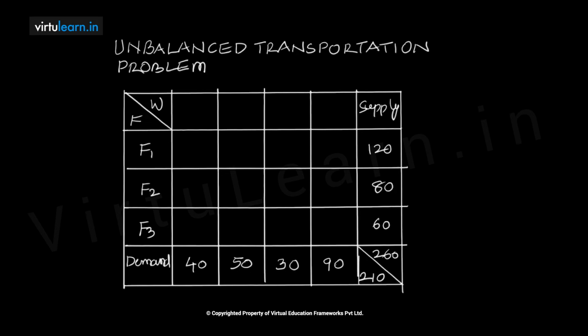All put together it is actually 210. The costs associated with W1, W2, W3, W4 are given like this.